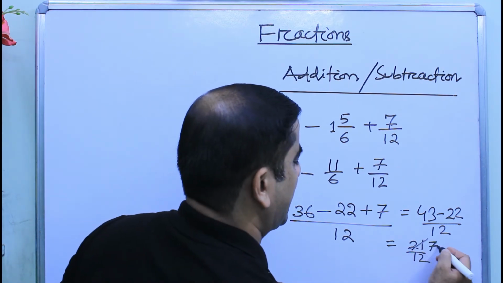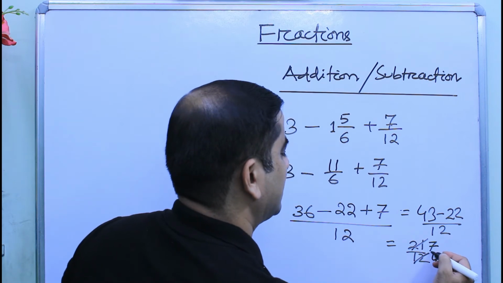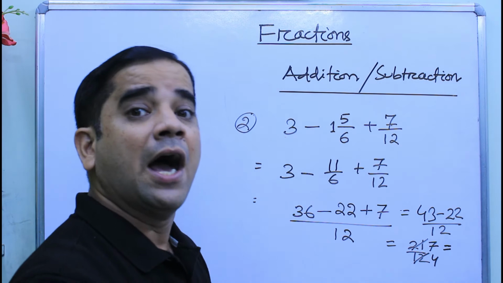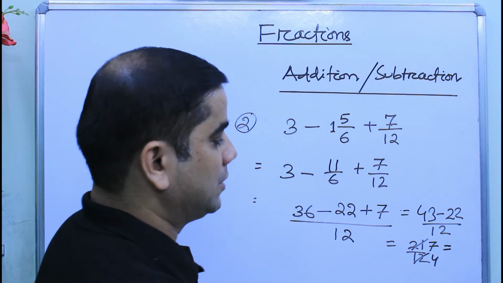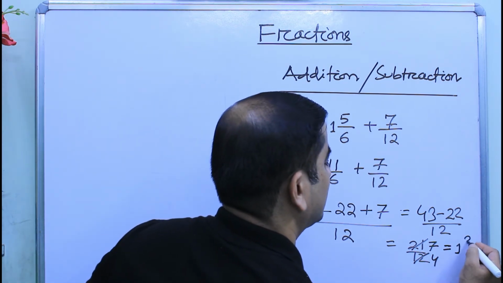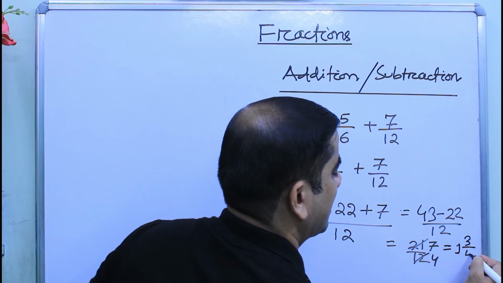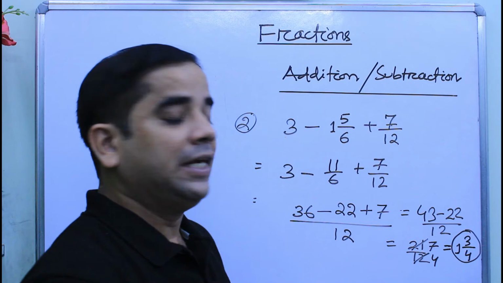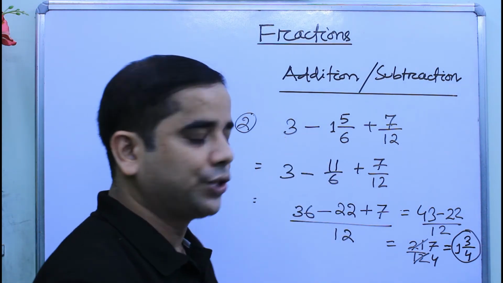So 3 sevens are 21, 3 fours are 12. Now 7 by 4 should be represented in the mixed fraction form. So 4 ones are 4, remainder is 3, and 4. So 1 whole 3 by 4 is the answer for this question.